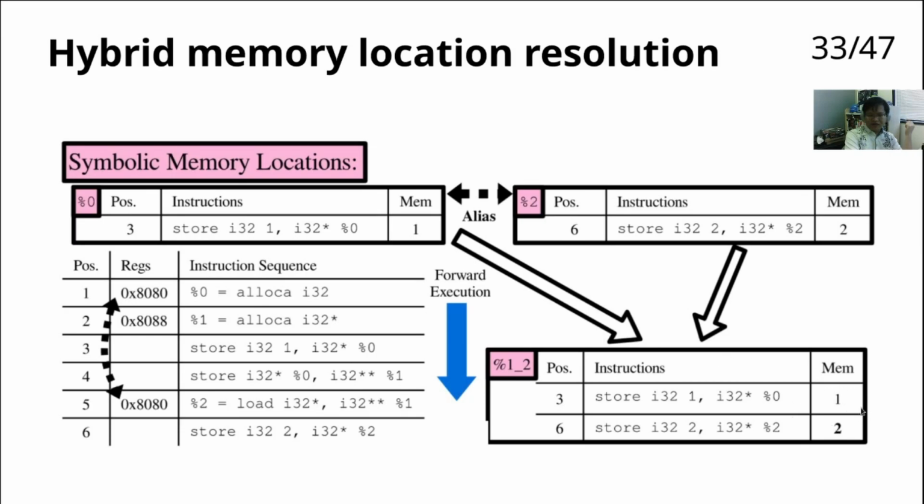So here we know that the value stored at position 3 is overwritten at position 2 because %0 and %2 alias. This is why it is a hybrid between concrete and symbolic memory locations.